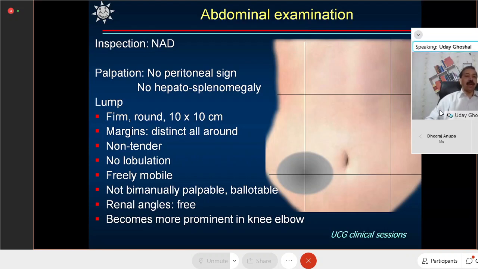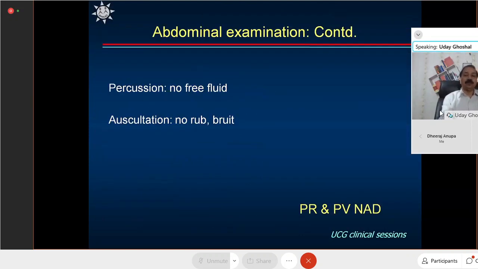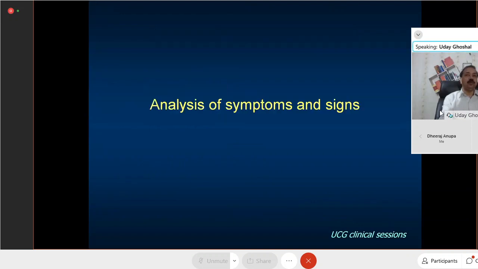It is freely mobile, not bimanually palpable, not ballotable. Renal angles are free, and it becomes more prominent in knee elbow position. These are very, very important. I will tell you how to differentiate retroperitoneal lump and intraperitoneal lump later. But let me tell you, percussion, no free fluid, auscultation, no rub and bruit.